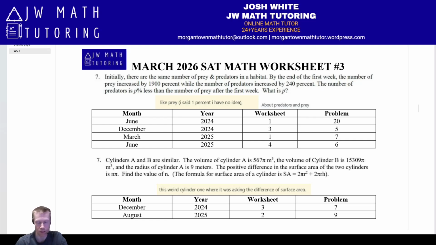There have been questions where it asks for the sum of the two surface areas. But either way, you can see the months on the screen there that this was previously reported. Go back and watch the solutions to at least one of those problems.